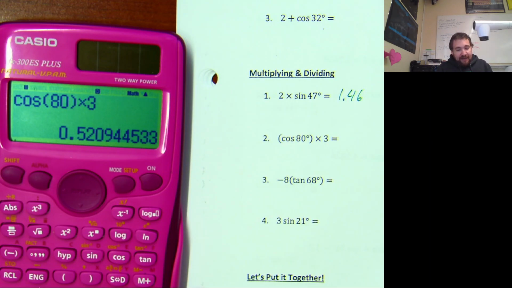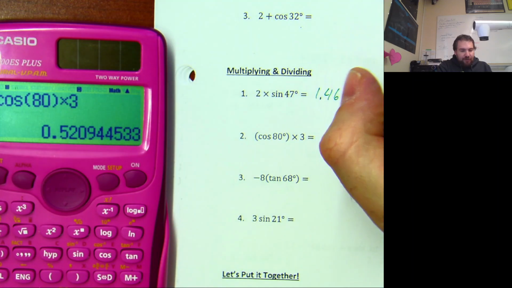Again, nothing wild and crazy here. It gets handled exactly the way you'd expect BEDMAS to handle these things. Questions, comments, concerns? As long as you use your calculator properly, yeah. That's all I'm going to expect you to do. Absolutely. Cool?